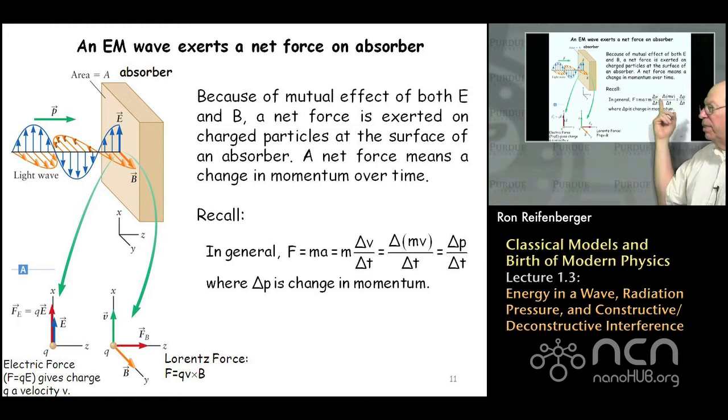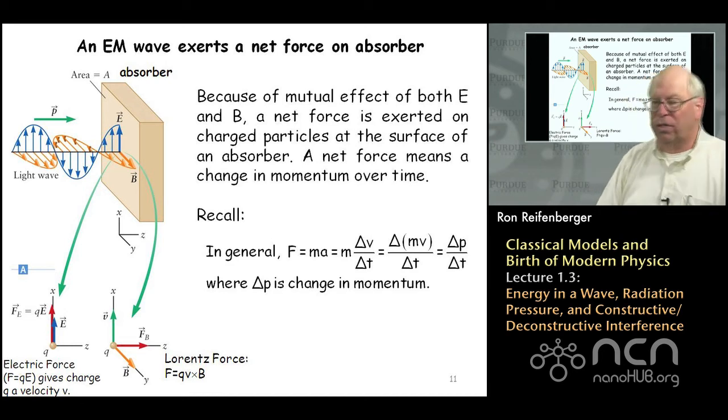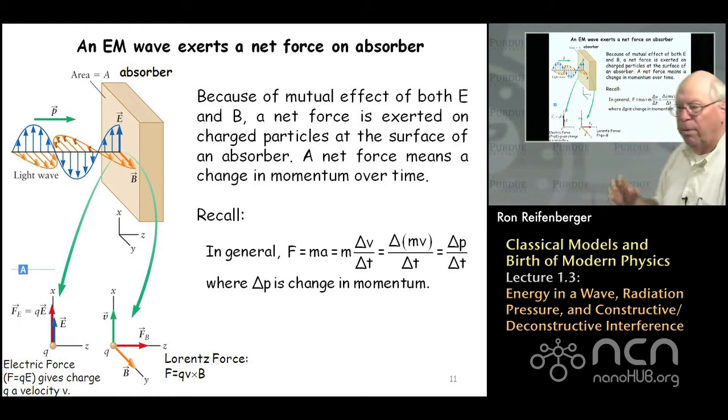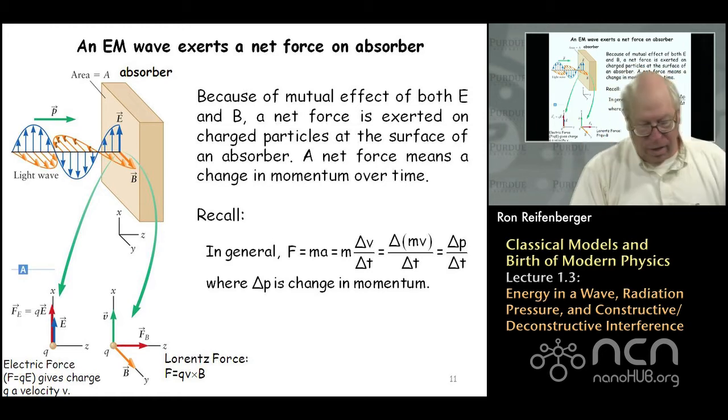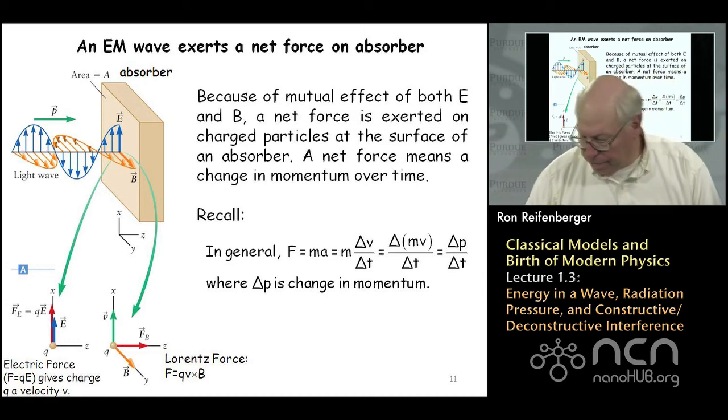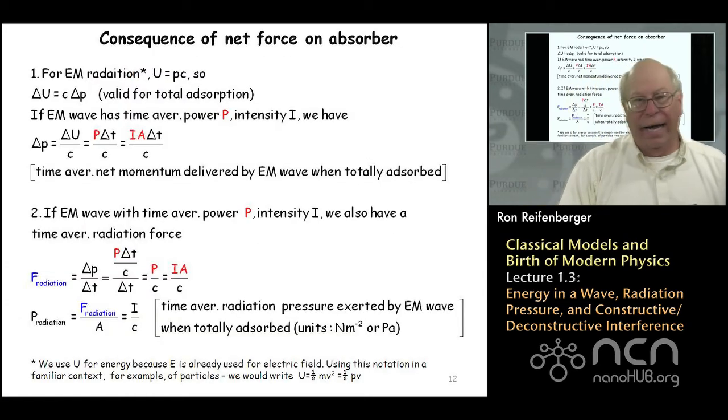Change in momentum with respect to time can be linked back to mass times an acceleration, right? So if we can calculate the forces by knowing the strength of the electric and magnetic fields, then we can calculate the change in momentum that those particles experience, and that change in momentum is then going to exert a net force on the absorber.